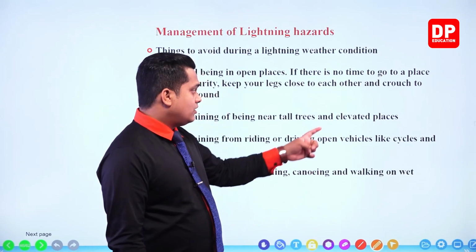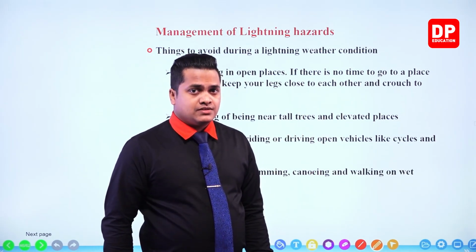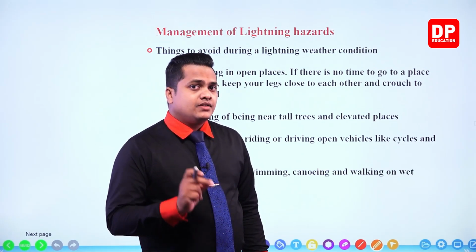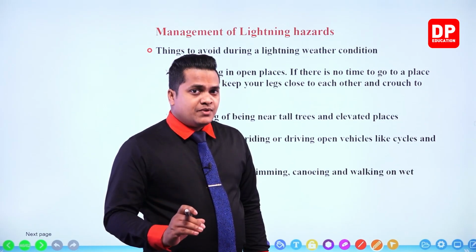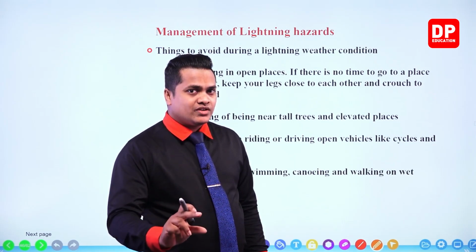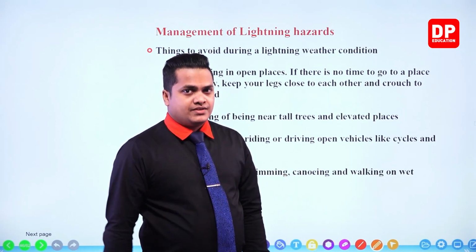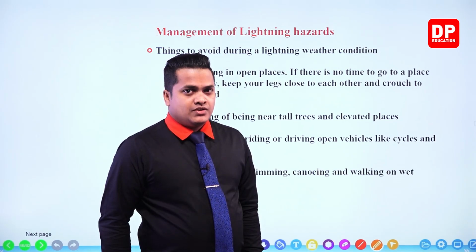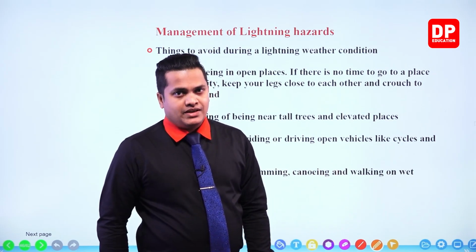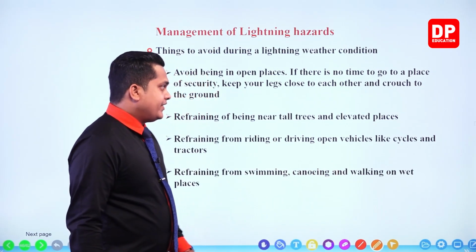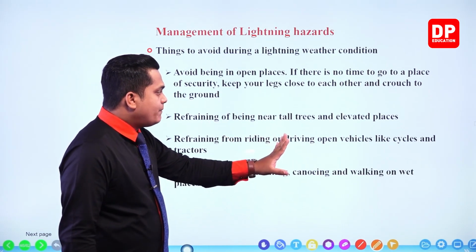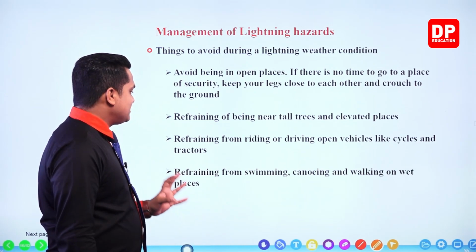Don't go to elevated places, because as we discussed earlier, the distance between the cloud and the earth, the distance of the lightning stroke, is shortest when you are at taller places. So there is a high potential of receiving a lightning stroke when you are at elevated places. Okay, my dear children. Then the next one, refraining from riding or driving open vehicles like cycles and tractors.